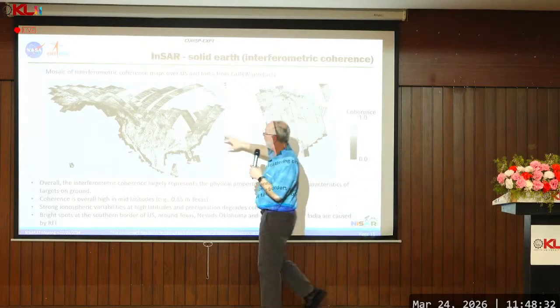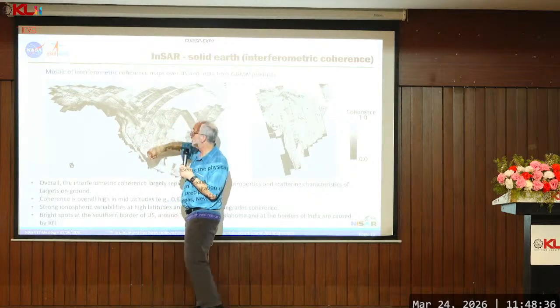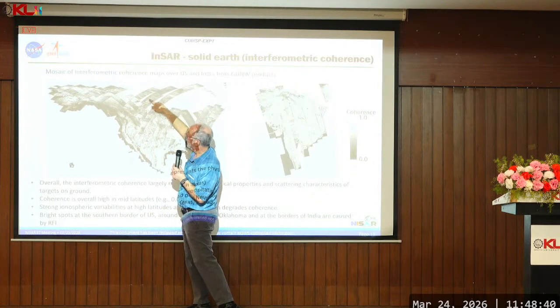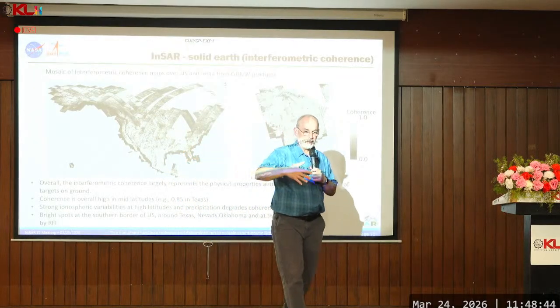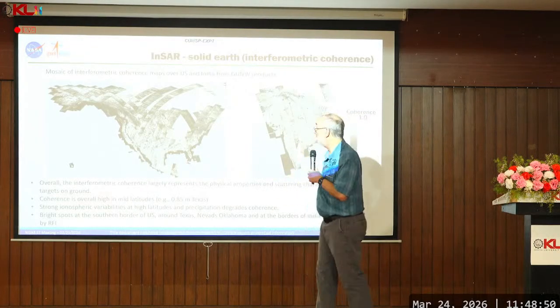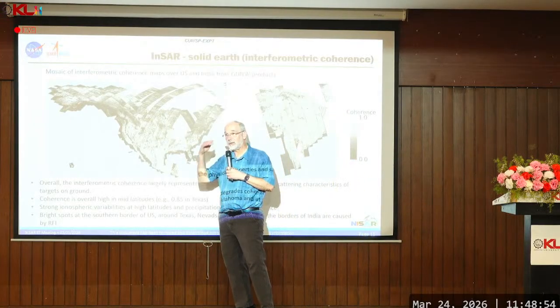You can see in the northern latitudes, you start to get features that are lower coherence. And you can see these stripes here. That's due to the ionosphere perturbing the shape of the image. So you have these distortions that are related to the ionospheric variability. That's a big problem, especially now that we're at solar maximum.